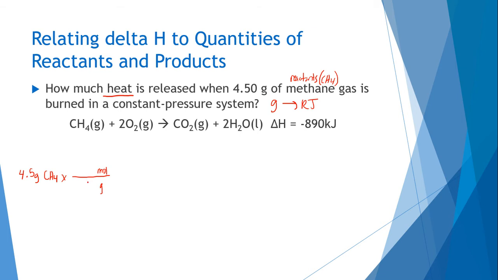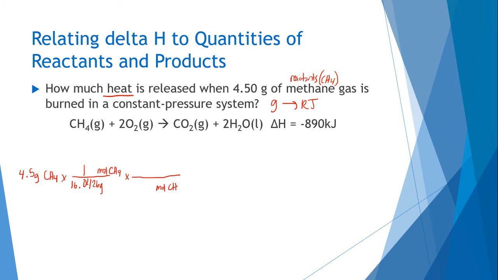So remember, this is how many grams per 1 mole. So if I find the molar mass of methane, we have 1 carbon plus 4 hydrogen, and that gets me the molar mass of 16.0426. But now I've canceled grams, I have moles. Again, remember, this is moles of CH4. I want to get to kilojoules. So in order to cancel moles, I have to put it opposite.